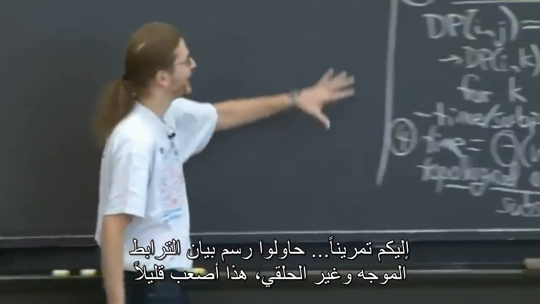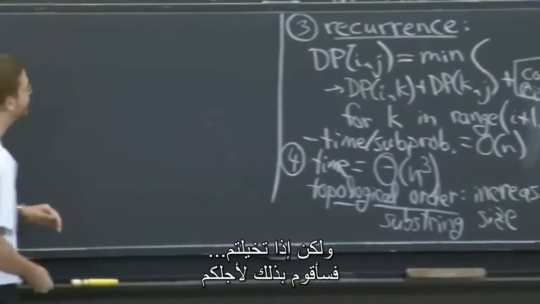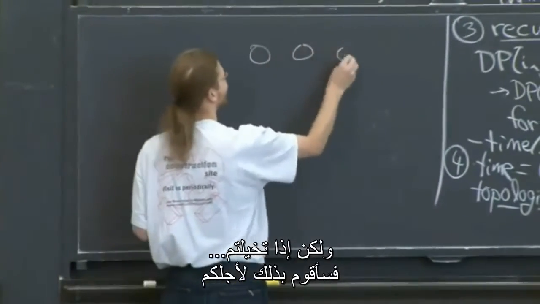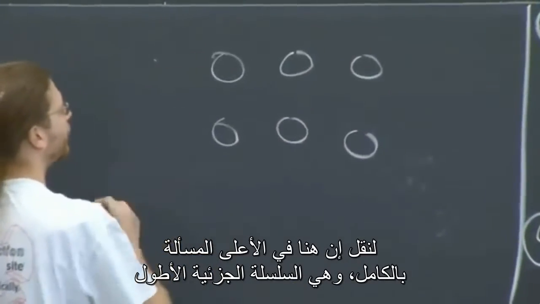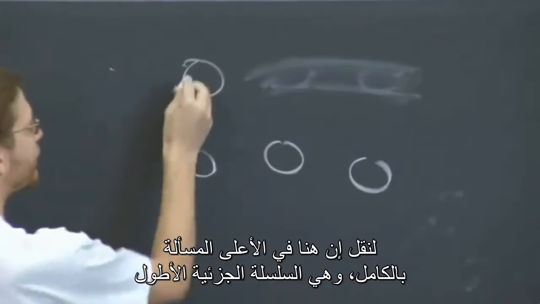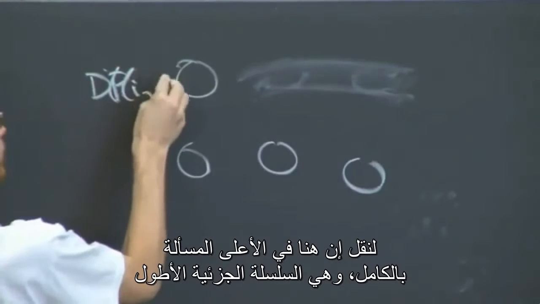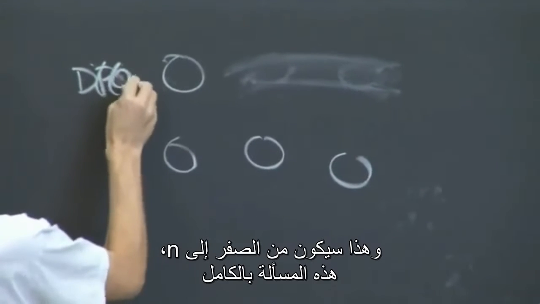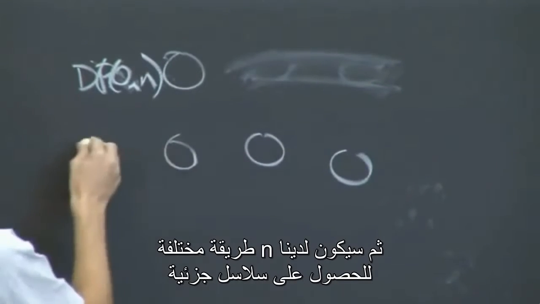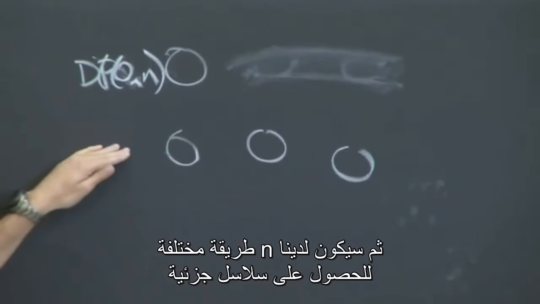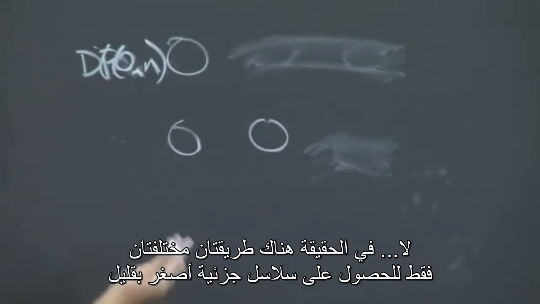Exercise, try to draw the DAG for this picture. It's a little harder, but I guess I'll do it for you. Let's say, at the top, there's everything. The longest substring, that would be from 0 to n. That's everything. Then you have just 2 different ways to have a slightly smaller substring.